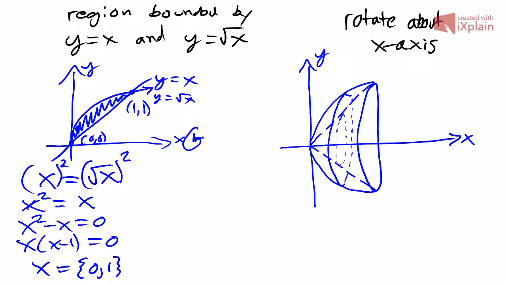We have a radius that goes from the axis of rotation to the first curve. Then we have a radius that goes from the axis of rotation to the top curve. So we have two different radii.